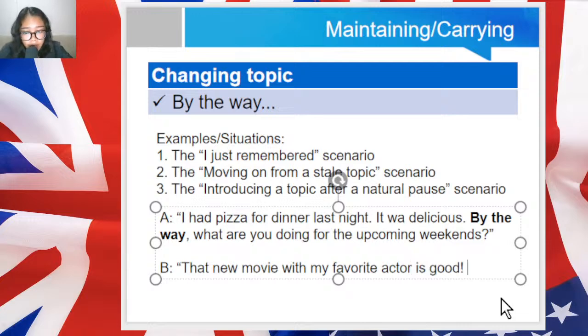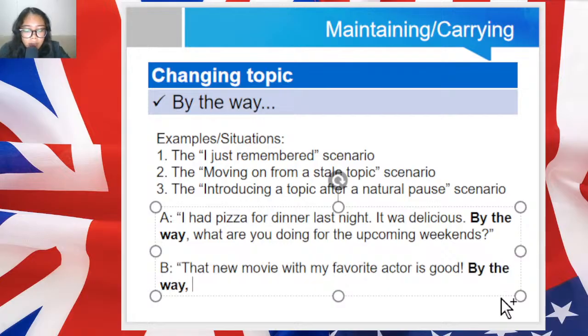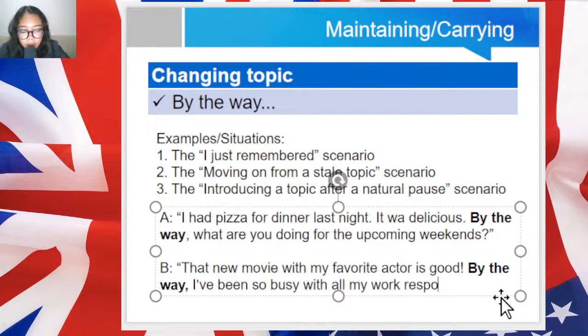And then after that, you'll use "by the way" to introduce another topic, which is how busy you are with work. You'll say, "By the way, I've been so busy with all my, let's just say, work responsibilities." Okay? Work responsibilities.